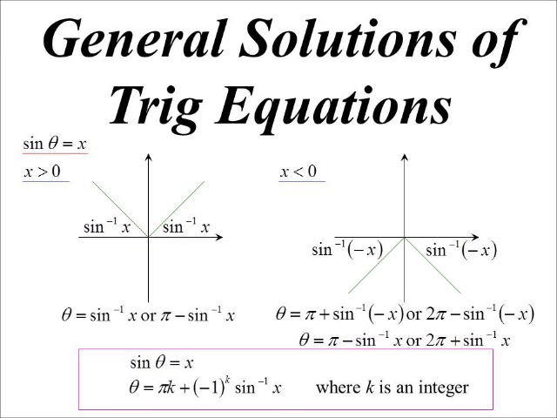It starts off with no pi, then 1 pi, then 2 pi, and that pattern would continue as well. So it's just multiples of pi out the front. So there's my general solution: pi k plus -1 to the power of k, inverse sine x, and all I've got to do is substitute integers into k, and I could create any solution that I wanted. So that's the general solution for sine.